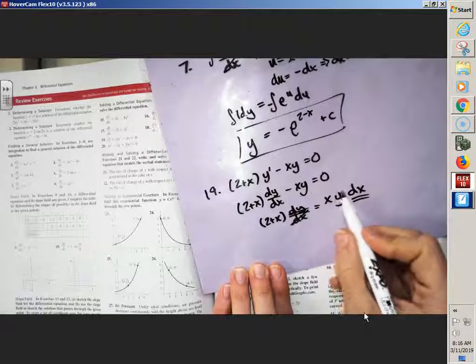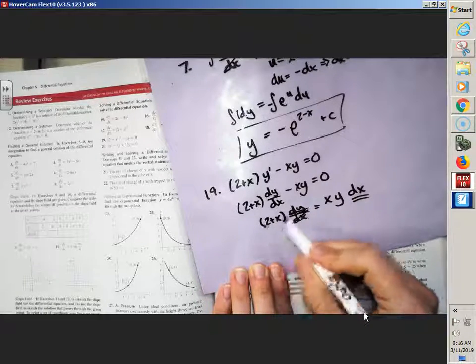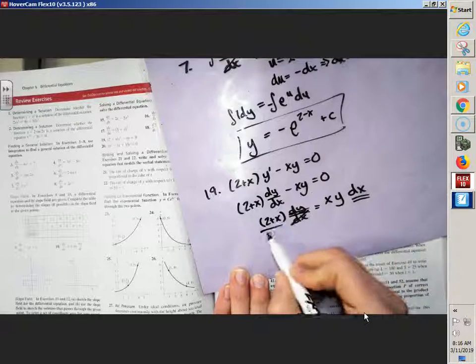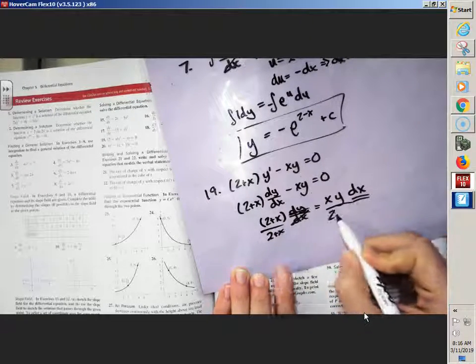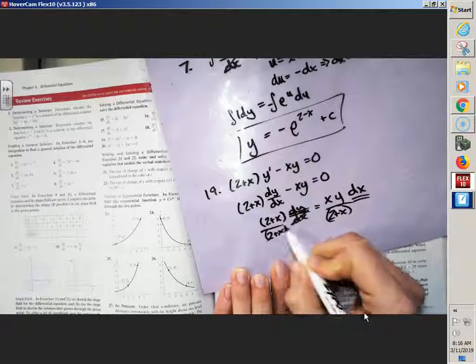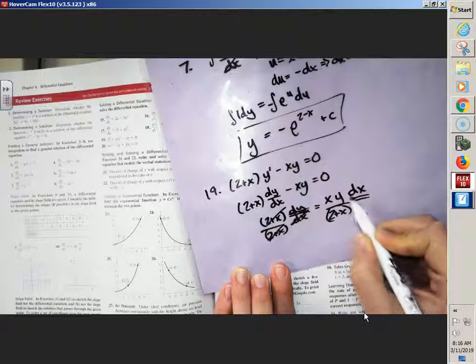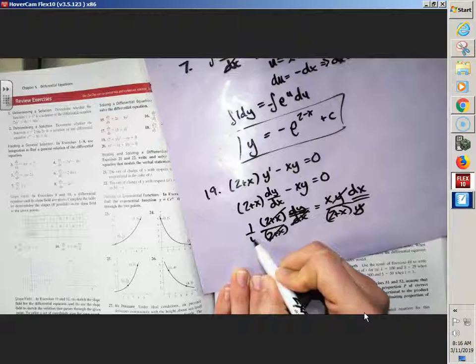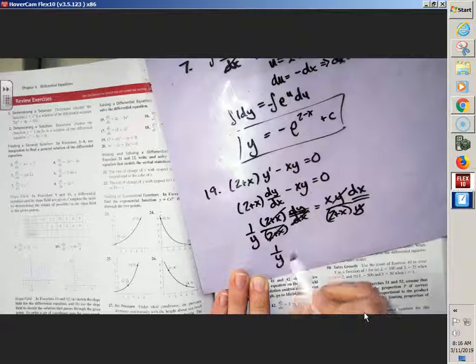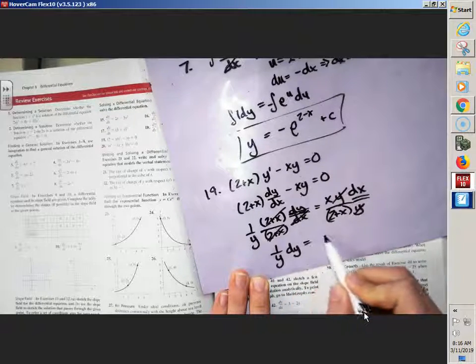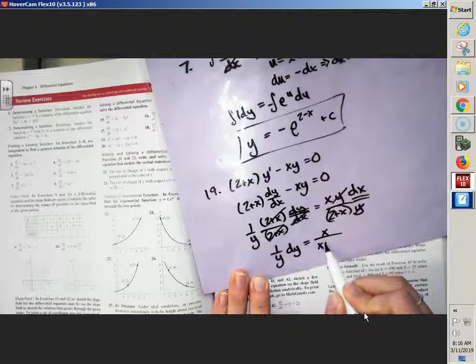Except that y doesn't belong and that 2 plus x doesn't belong, right? So if I can just divide the 2 plus x on both sides, if I can just divide the y on both sides, do I now have something that is legal for me to tackle?